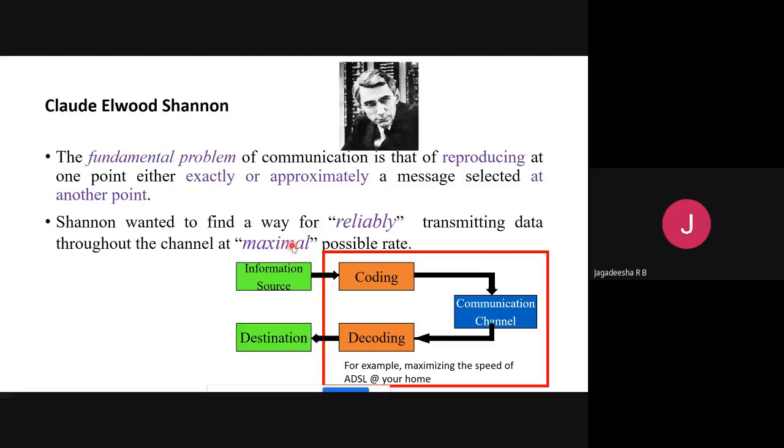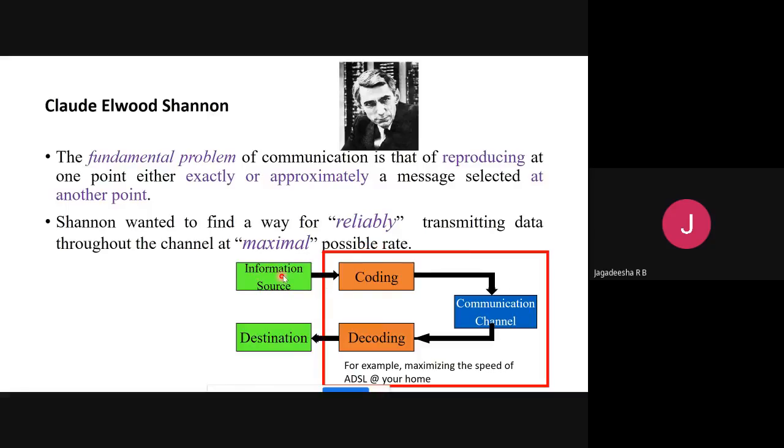Maybe you experience 20 Mbps or 40 Mbps and so on. That is the data rate. He wanted to have that maximal user experience for data transmission. The best example is maximizing the speed of your internet at home. That's an example of achieving a better or maximum data rate.